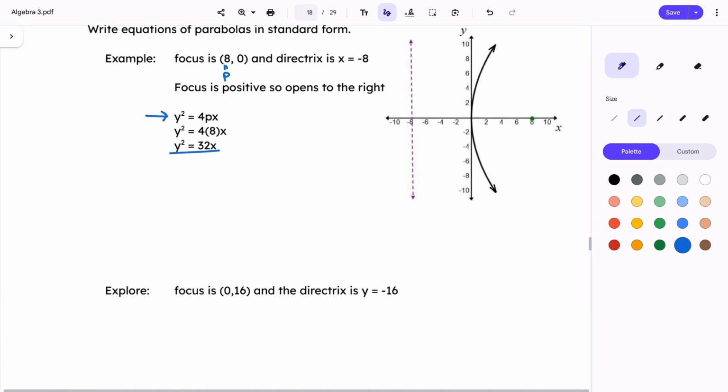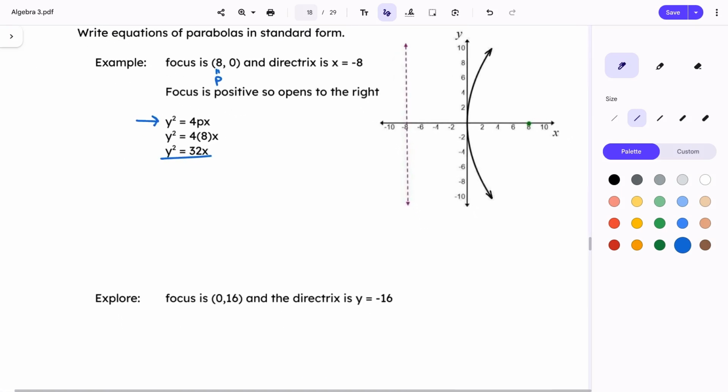Okay, so if you look at the next one, is it the same as what we just did? Are the focus points written the same way? No, Deji. Okay, because this time your p is in the y-coordinate spot.